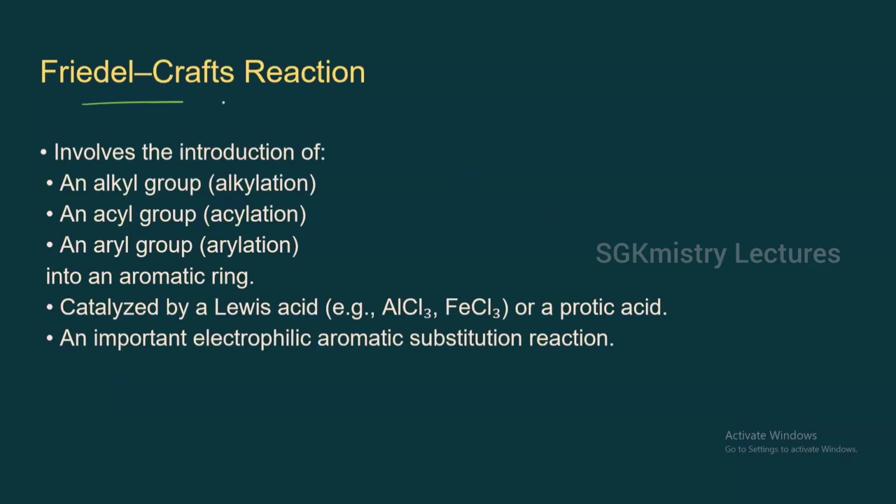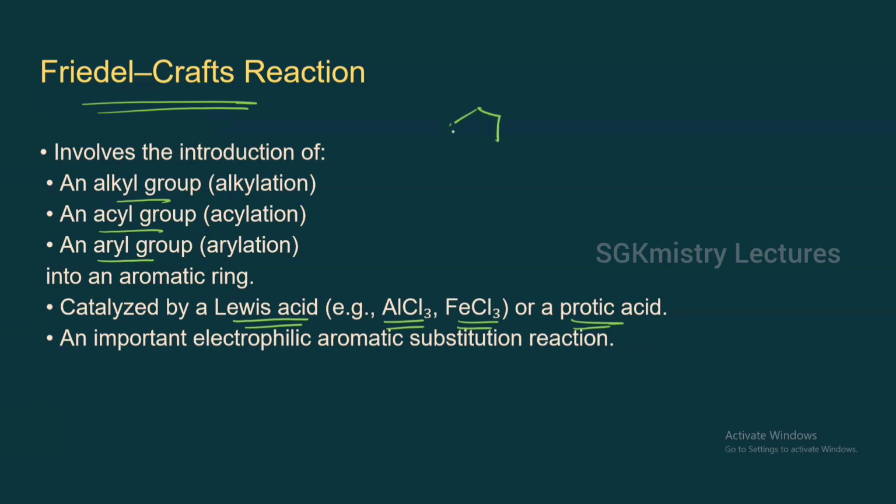Next, talking about the Friedel-Crafts reaction. Here it involves the introduction of an alkyl, acyl, or aryl group into the aromatic ring. Mainly we need to take a Lewis acid. You can take anhydrous aluminum chloride, ferric chloride, or a protic acid as a catalyst. So let us write the general reactions.